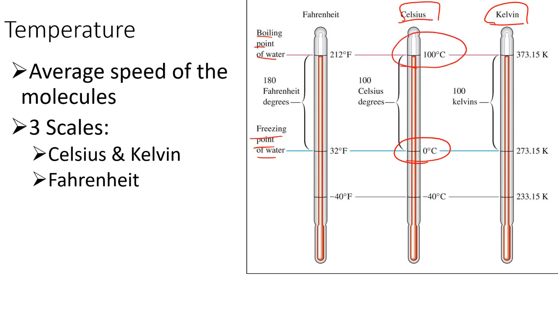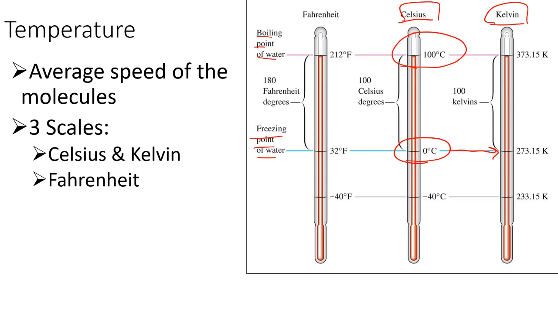Okay. The Kelvin temperature scale is the same as the Celsius scale, except it's separated by 273.15 degrees. Okay, so that is because 0 degrees Kelvin we talk about as absolute zero.